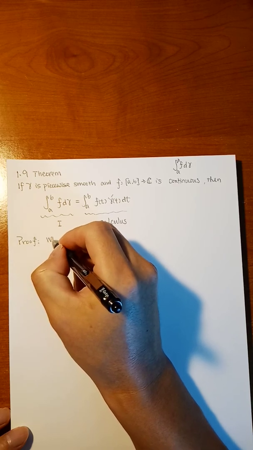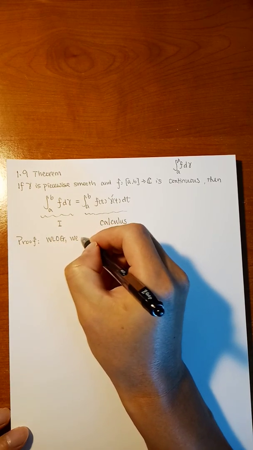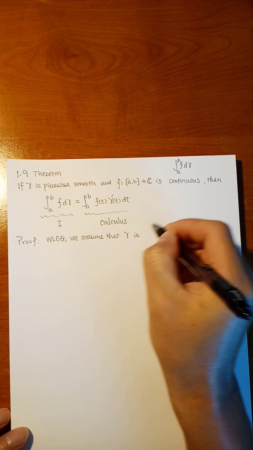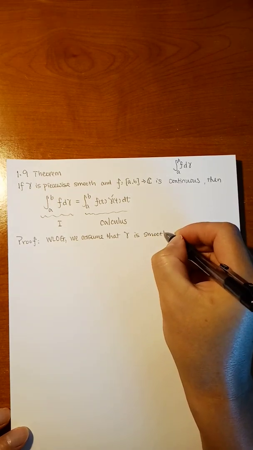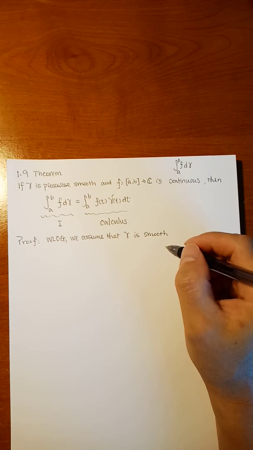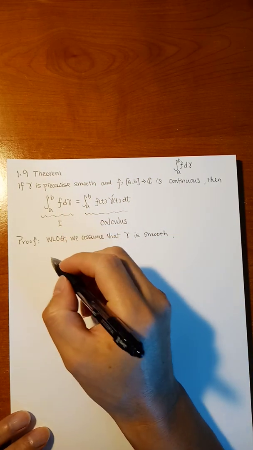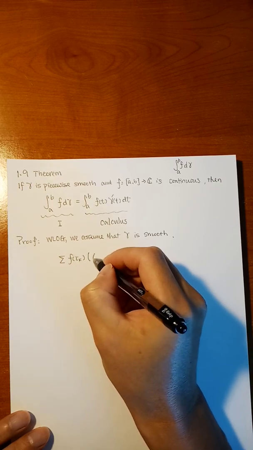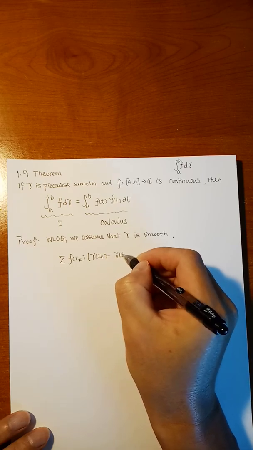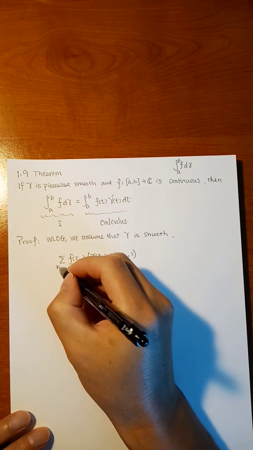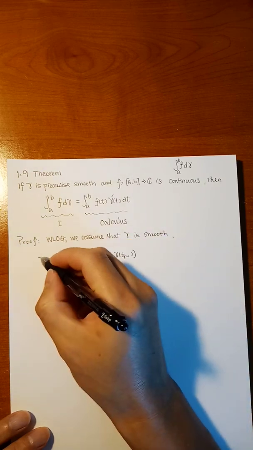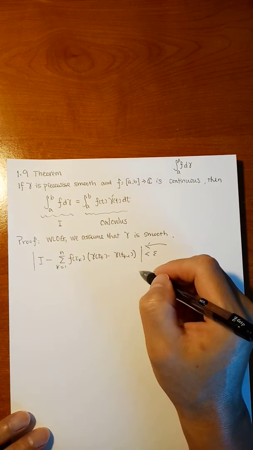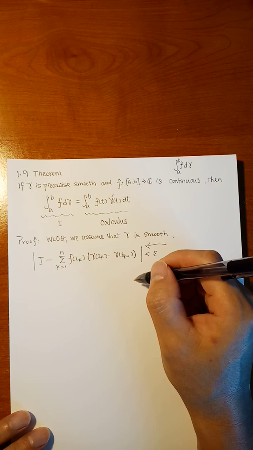So without loss of generality, we assume that gamma is smooth. So we have a smooth curve. Remember that I is approximated by the sum of f(tau_k)(gamma(t_k) minus gamma(t_{k-1})), k from 1 to n, and the modulus of I minus this sum is less than epsilon. Whenever you see the absolute value here, it means the modulus of a complex number.